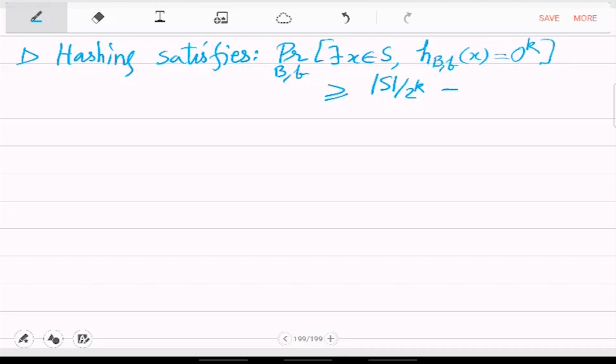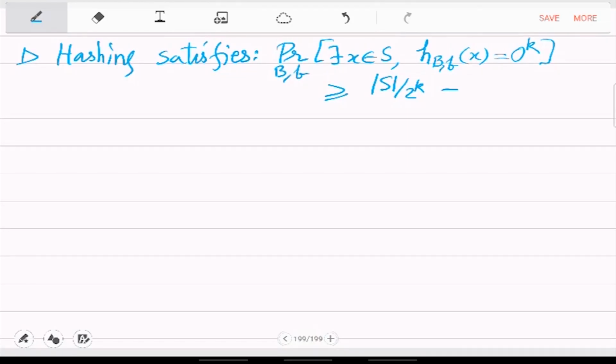There are size of S many elements in the set S, and there are 2 raised to k points in the image, and an x mapping from S to 0. So that probability is S by 2 raised to k, slightly less than that.